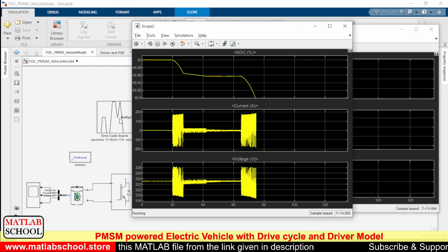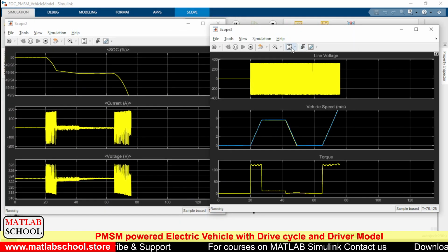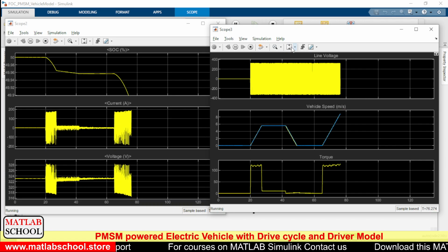At this time you can see the braking. Again there is a slight increase in acceleration, and then there is a steep braking. So we shall expect the same speed profile from the vehicle.